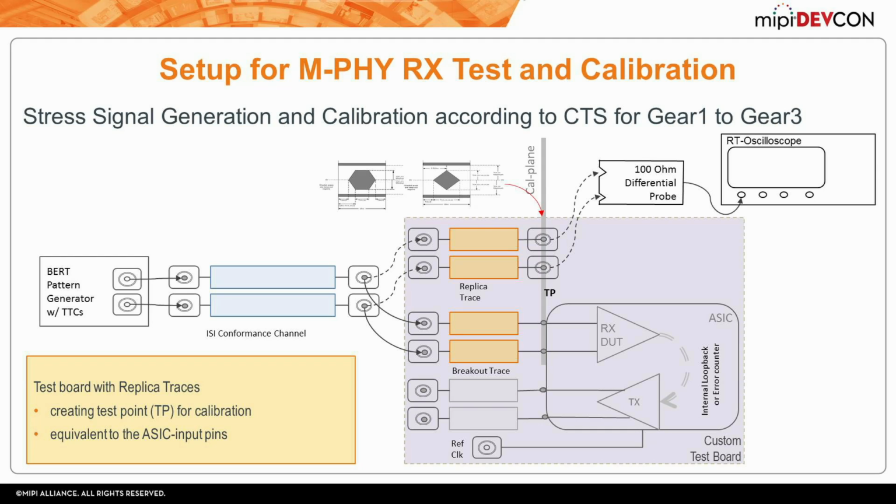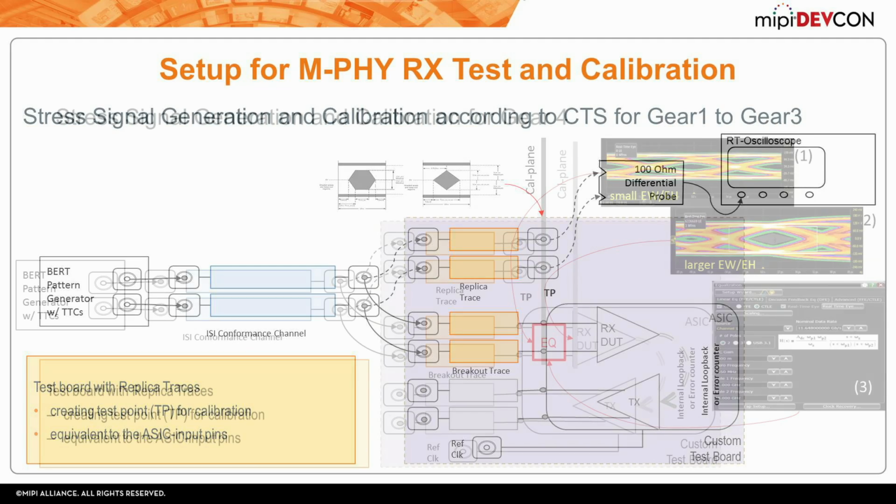Once calibration is done, we change our connection to do our receiver testing. So we're developing a stress eye through this calibration path to this plane, and then we know we're testing with that same stress eye at the exact same location going into our device under test.